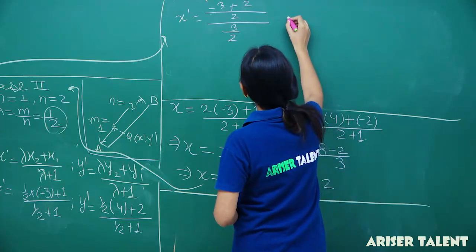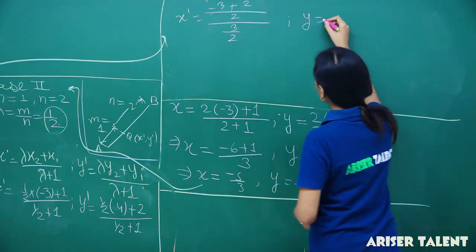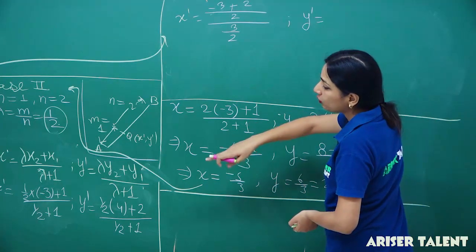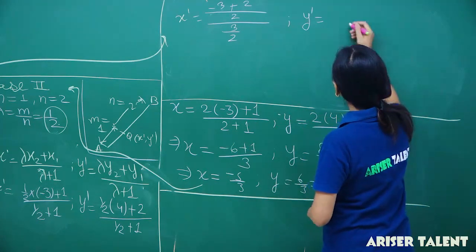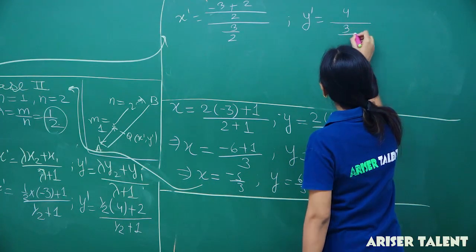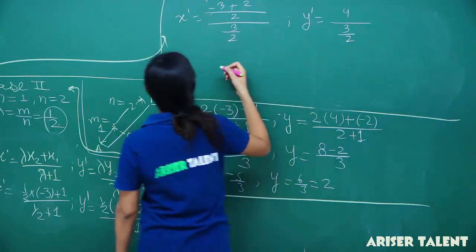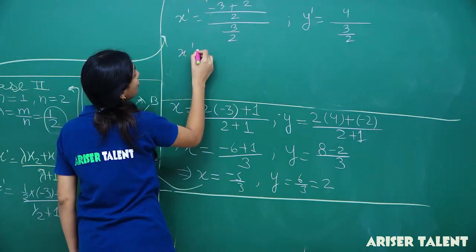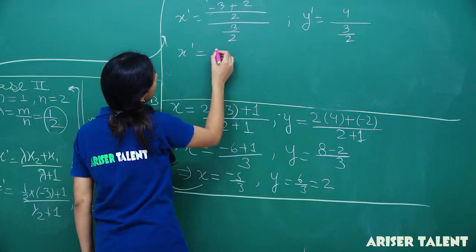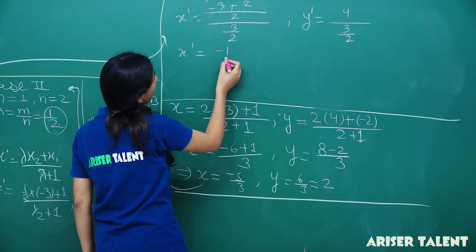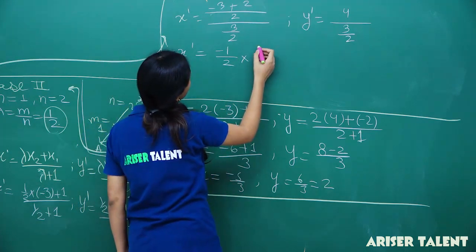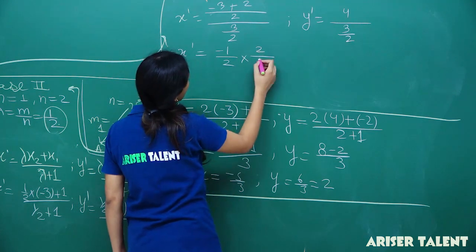Then y dash equals to, here, 1 by 2 multiplied by 4 is simply 2. Now 2 plus 2 is equal to 4. 4 multiplied by 2 by 3. Okay. X dash will be equal to minus 1 here, by 2, and here that will be 2 and 3 here.